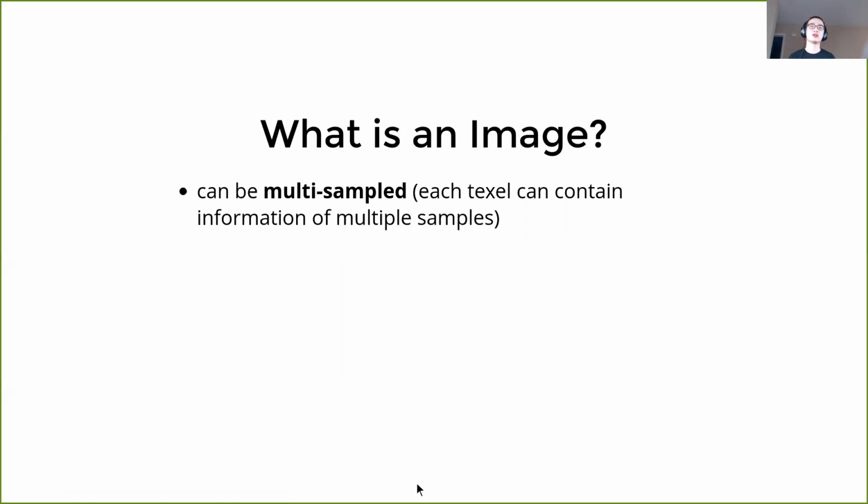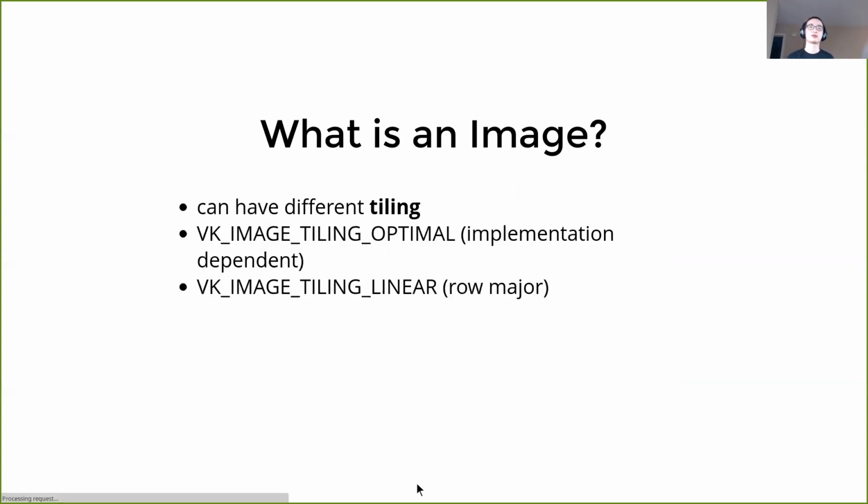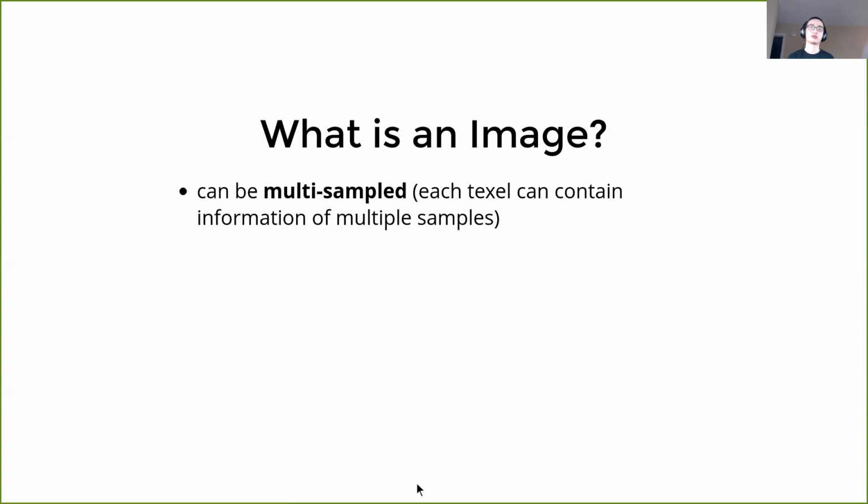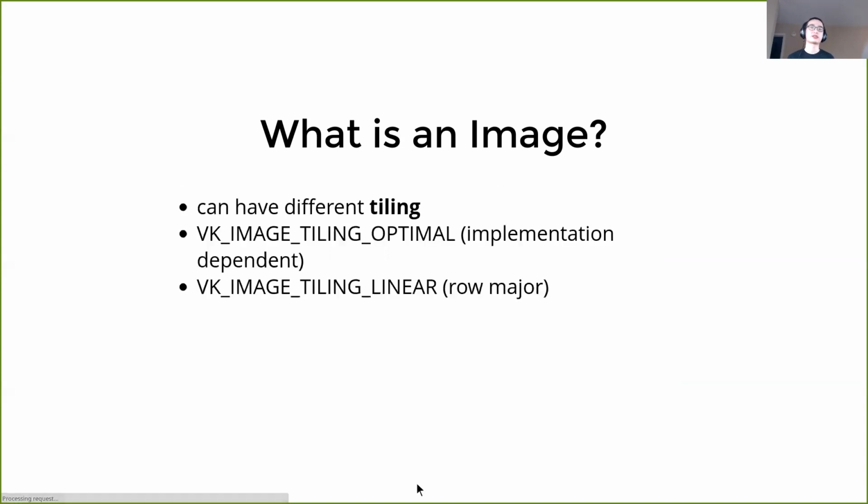Images can also be multi-sampled, where each texel can contain information of multiple samples. If we want to do some stuff like MSAA, then this can be really useful. Images can have different tiling. There are two kinds of tilings we need to care about.